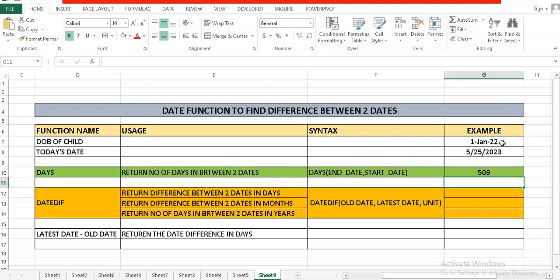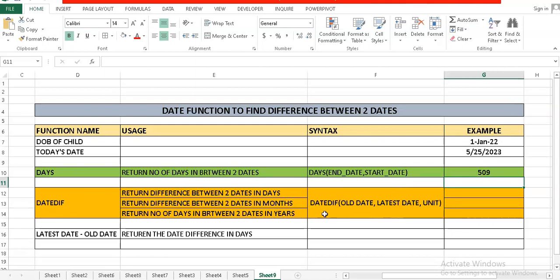The next formula is the DATEDIF function. With the help of the DATEDIF function, we can find out the difference between two dates in the form of days, in the form of months, and in the form of years. We can calculate the date difference in these three forms with the help of the DATEDIF function. So this is the usage of the DATEDIF function. Let's see the syntax.